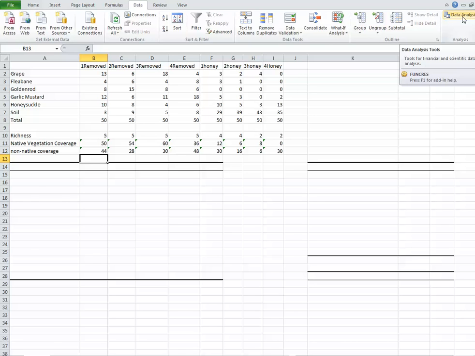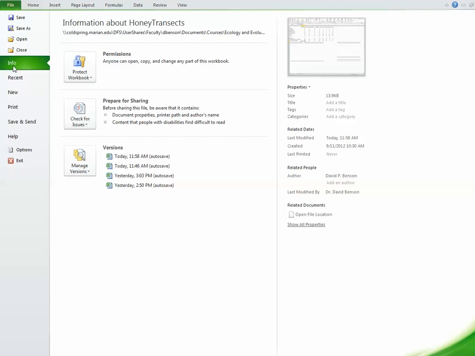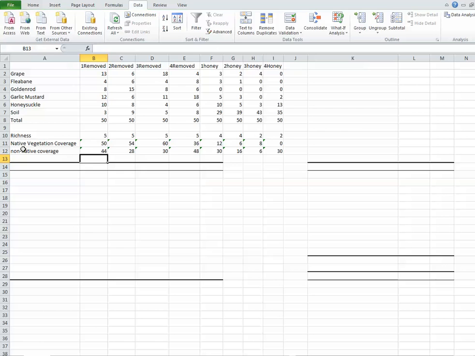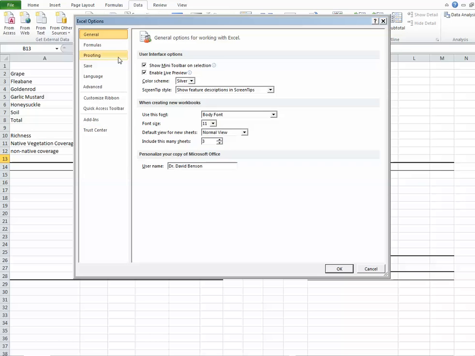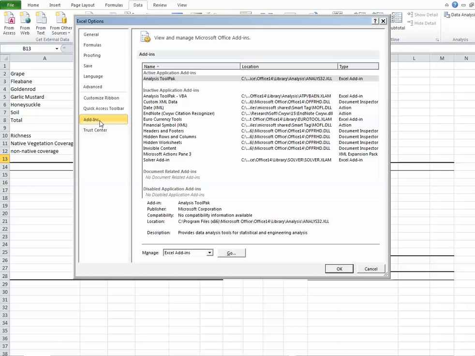Well, the problem is that Excel makes this very difficult to find. You may not see it on your computer if you haven't done this before. What you do, if you don't see it on your computer, is you go to File, you go to Options, you go to Add-ins under Options, and then you'll see Analysis Tool Pack.